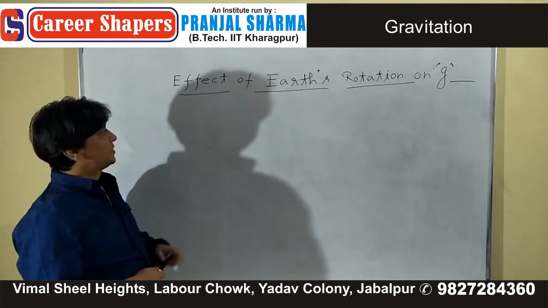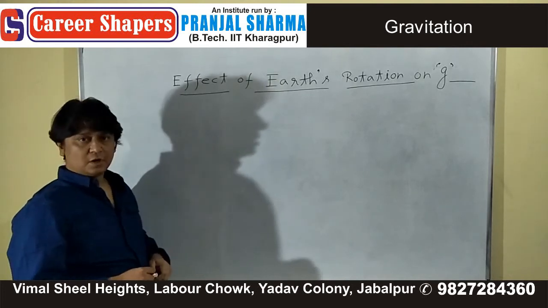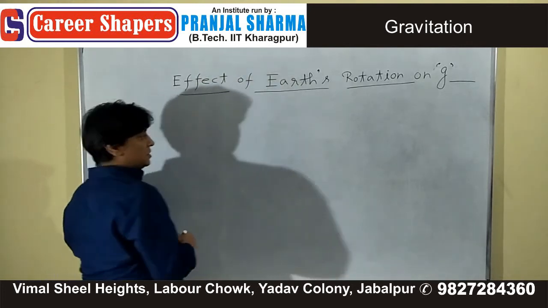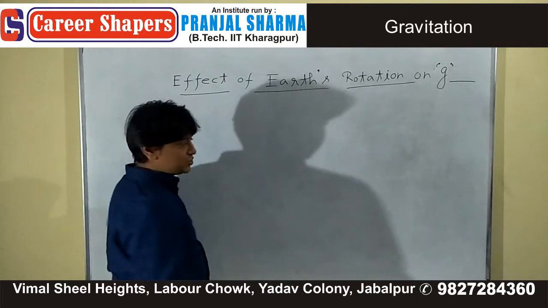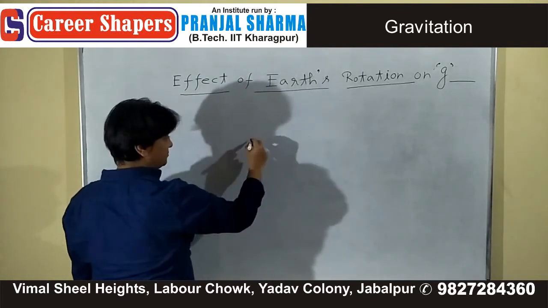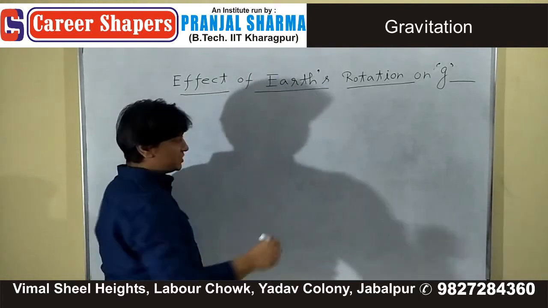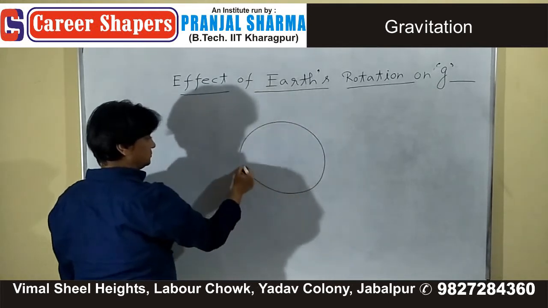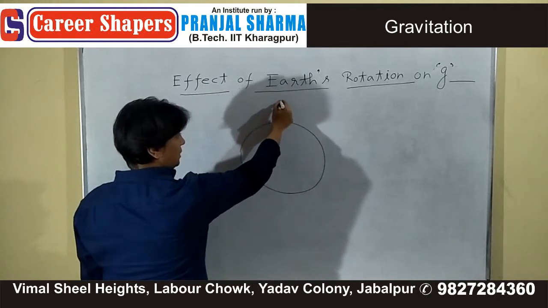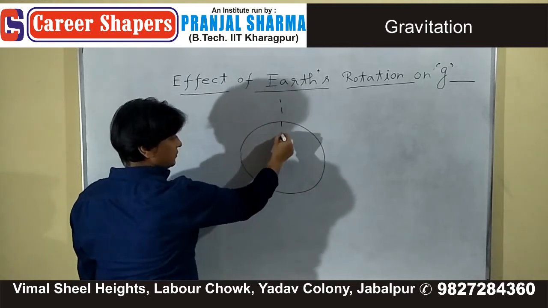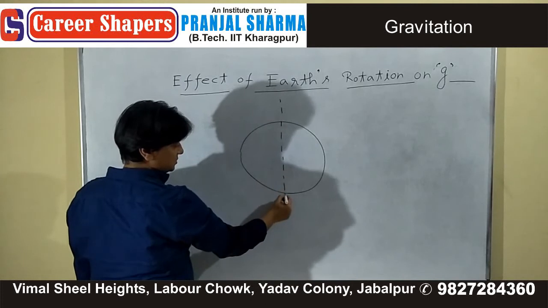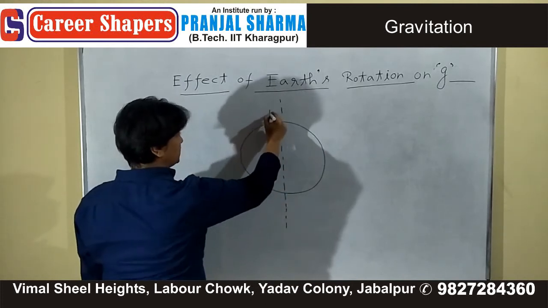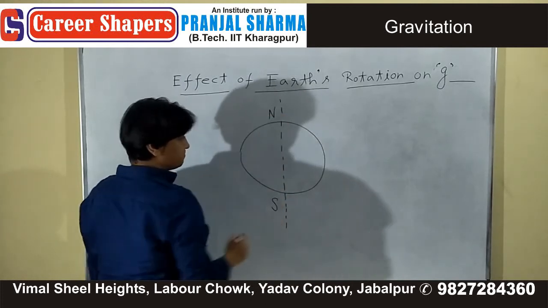Now look at the effect of Earth's rotation about its own axis on the strength of gravitational field g at the surface. This is Earth. This is Earth's axis, which is passing from north and south pole.